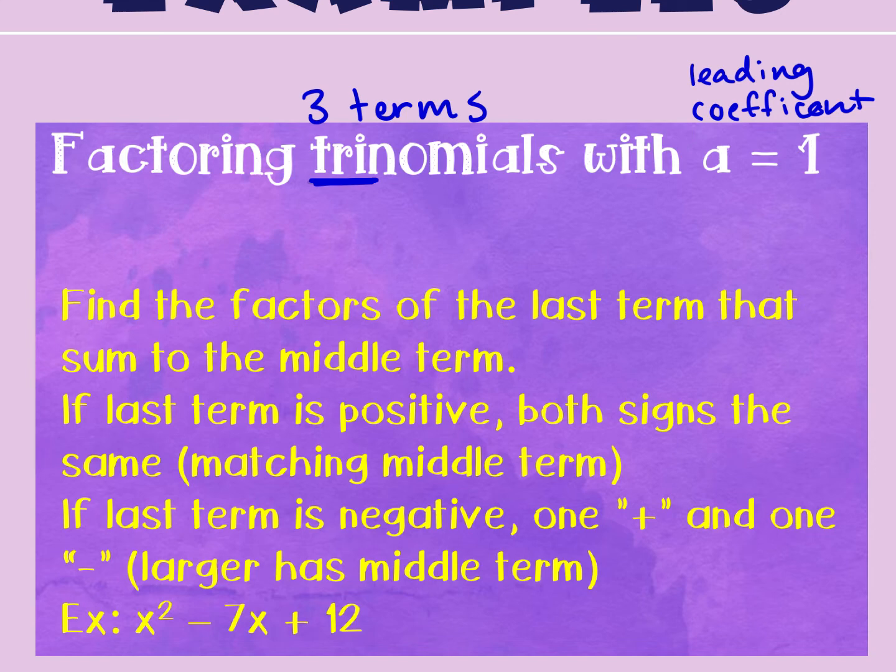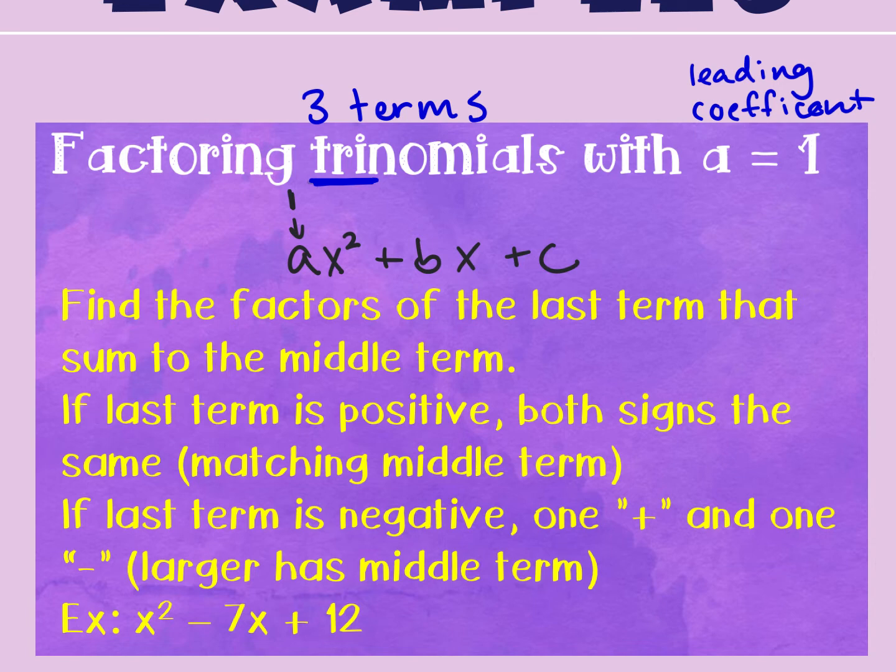So typically we would have something like a times x squared plus b times x plus c, where a, b, and c are going to be numbers. So that a is going to be 1 here. So we're just going to have a plain old x squared to start off with.